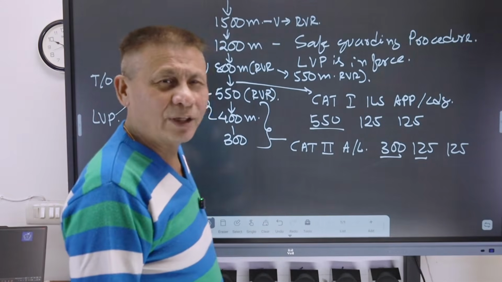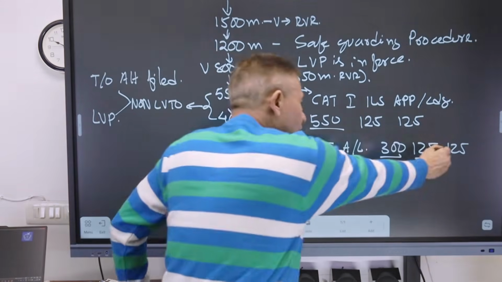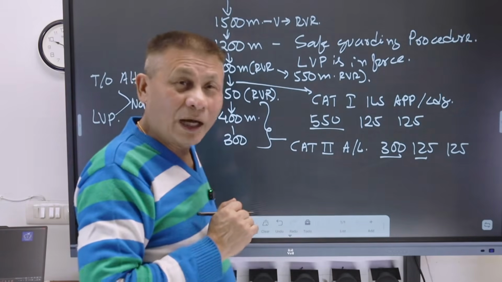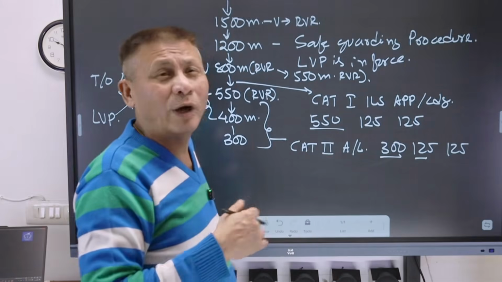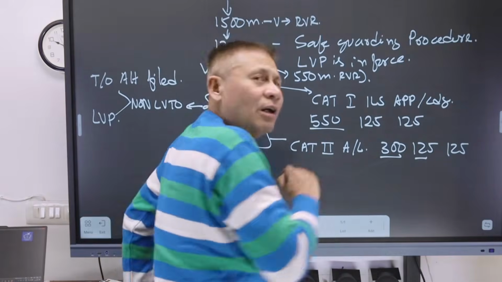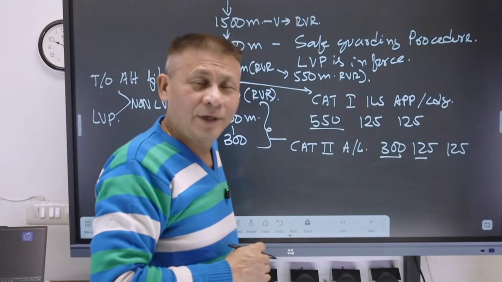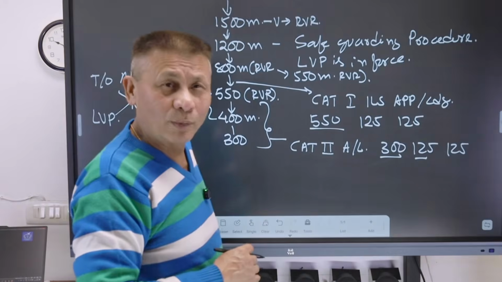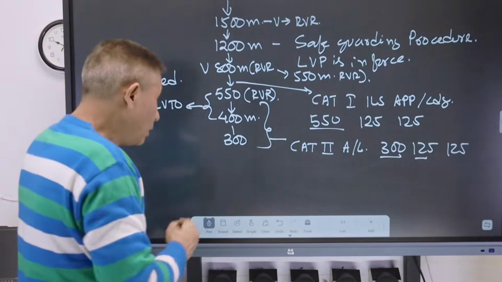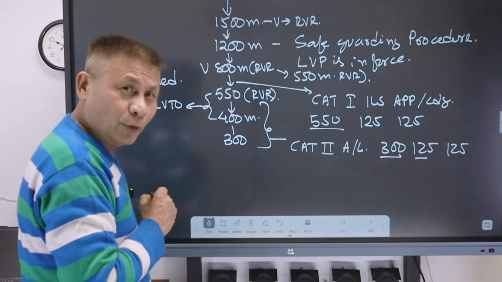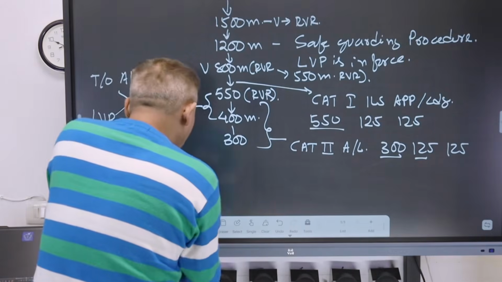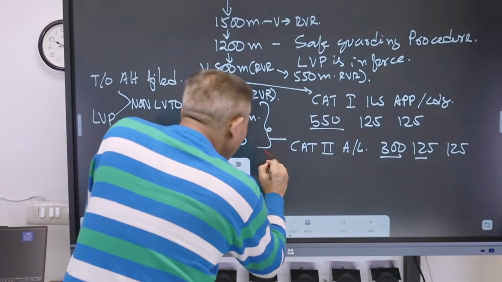That means to say that if the end RVR is not reported, fine, I can continue the category 2 approaches. However, if it is reported, it has to be above 125 meters. For example, if it is reported 300, 125, 100, reported 100, then I cannot carry out the category 2 approaches. So now, at times, depending upon your country, okay, this 300 may also be 350.